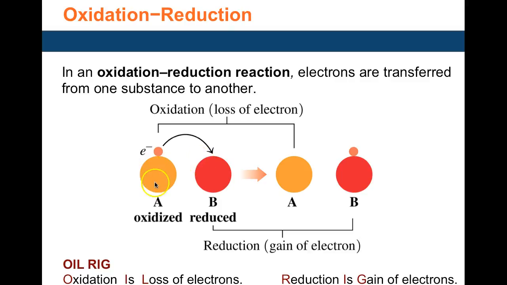That's oxidation, because reactant A is losing electrons, whereas reactant B is grabbing those electrons. So reactant A is getting oxidized because of the loss of electrons, whereas reactant B is gaining electrons, which is termed reduction. Okay, so that is the best definition for oxidation and reduction.